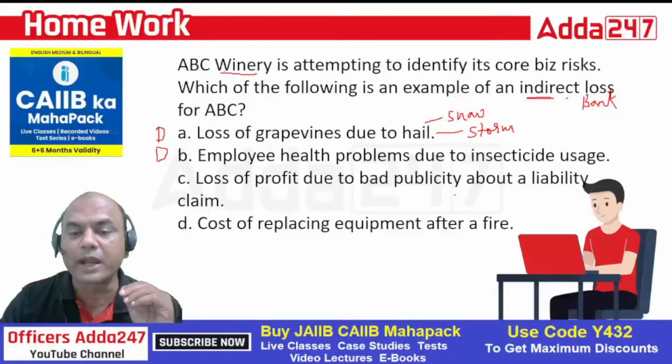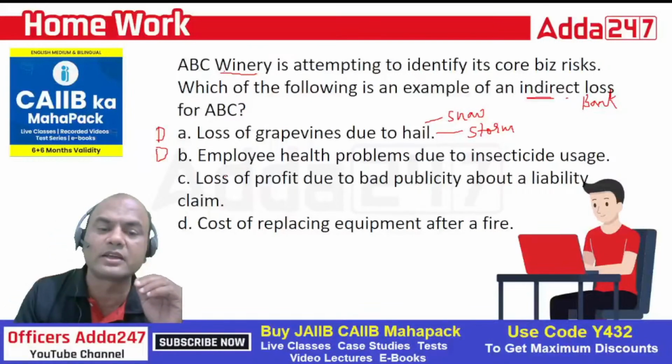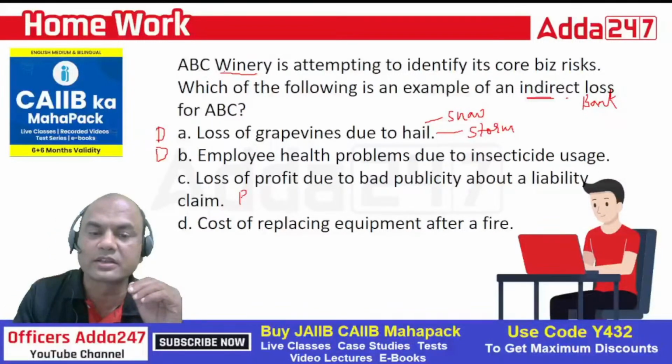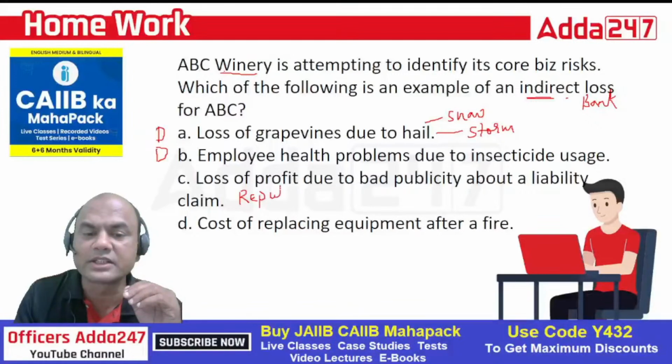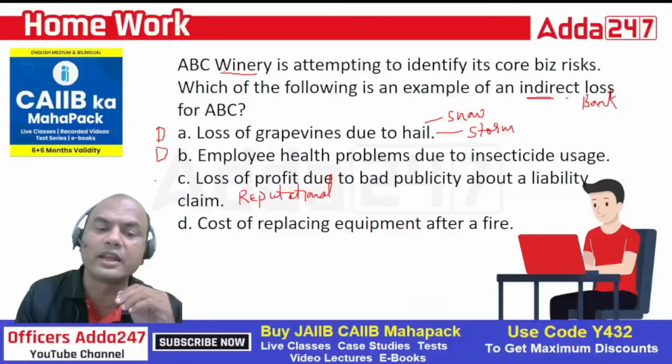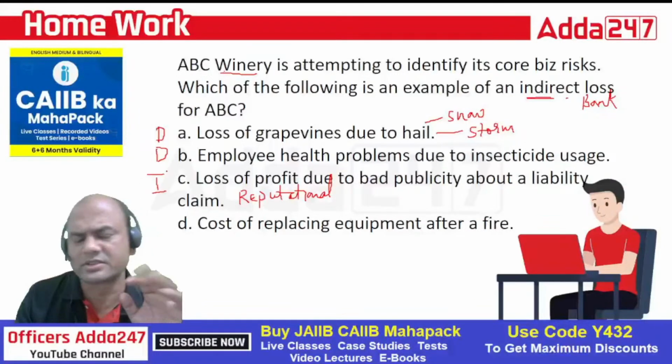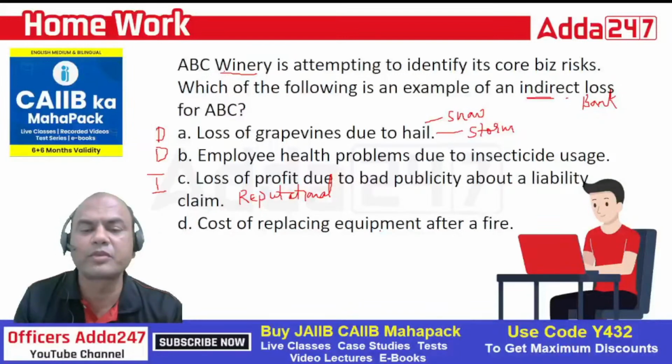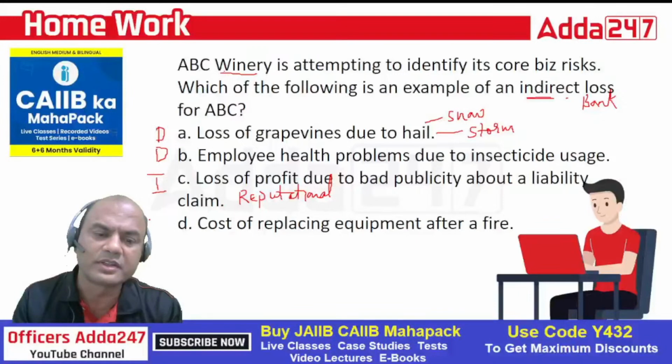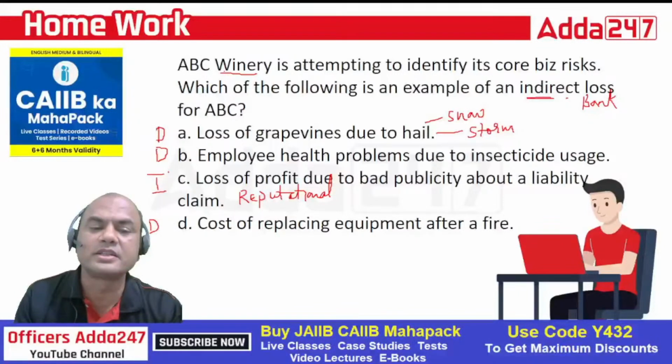Loss of profit due to bad publicity, see this is known as, as I told you, reputational risk. Once it is a reputational risk, it's not a direct loss to me. Always remember, reputational risk is an indirect loss to me. Cost of replacing equipment means machinery burnt out, so I have to bring a new machine. Direct loss, isn't it? So what is the answer? C is the right answer.